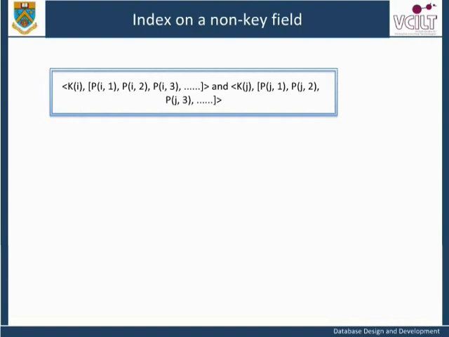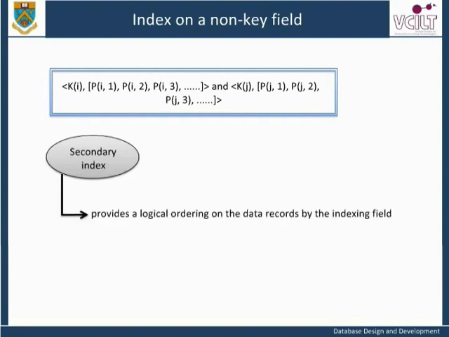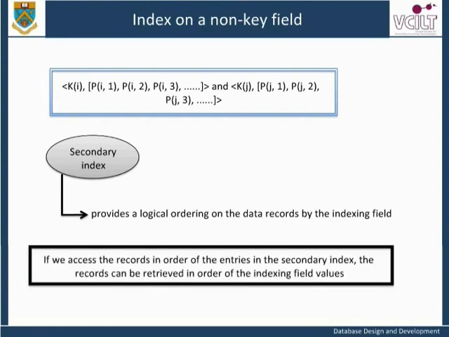Effectively, the repeating field in the index entries of option 2 is removed, which makes option 3 more appealing. It should be noted that a secondary index provides a logical ordering on the data records by the indexing field. If we access the records in order of the entries in the secondary index, the records can be retrieved in order of the indexing field values.